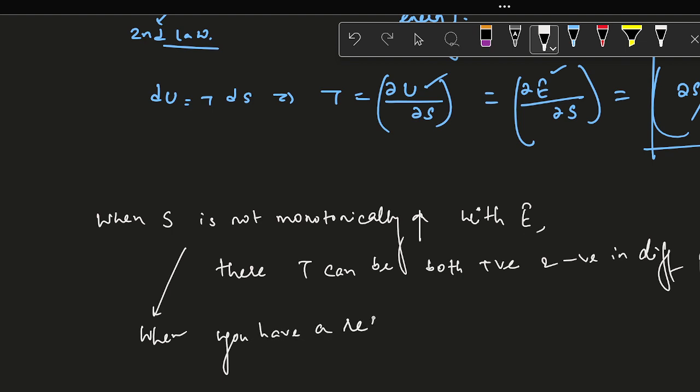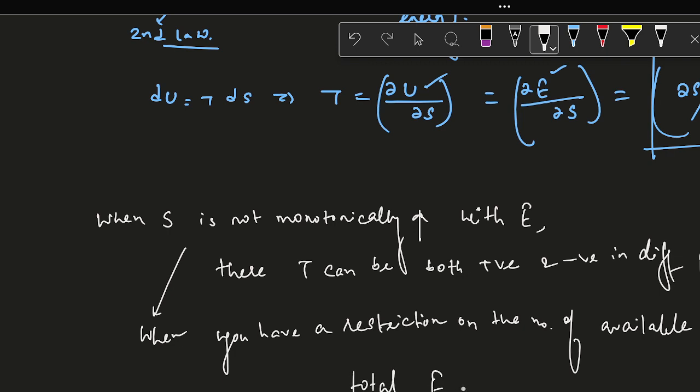a restriction on the number of available steps, for example, so that the total energy that you are actually giving is restricted in the x-axis.